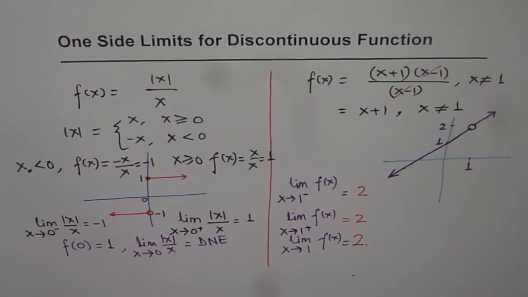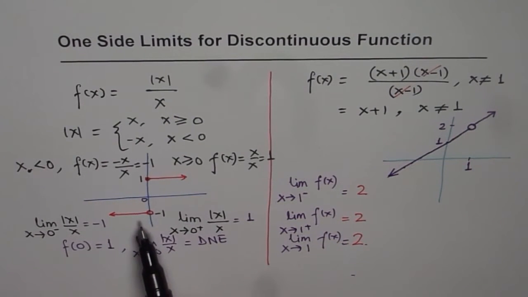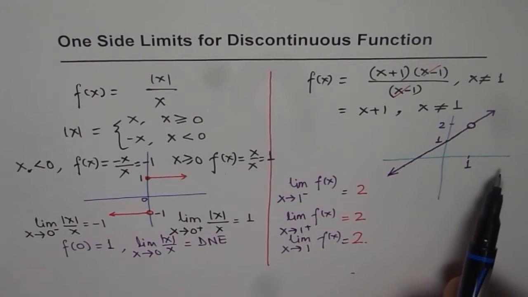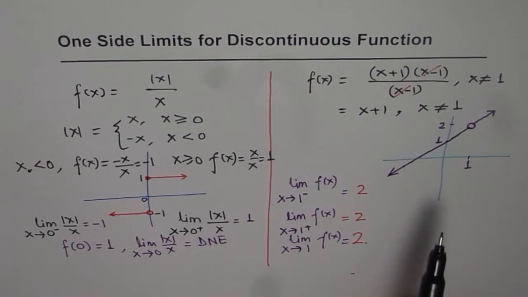So in this case, we have two different cases. In one case, one-sided limits exist, but the limit at that point does not exist. In the other case, one-sided limits exist and the limit at that point also exists, but still the function is discontinuous, mainly because the value of the function is not the same as the value of the limit at that point. So that's an important thing to consider. I hope that makes things clear.